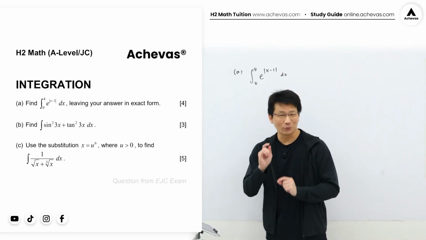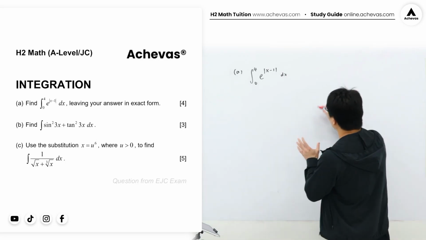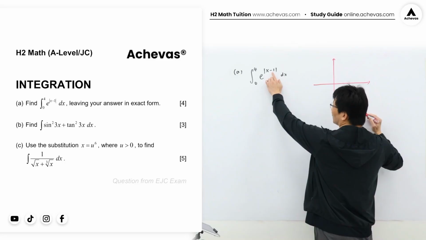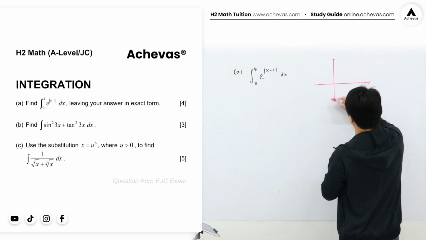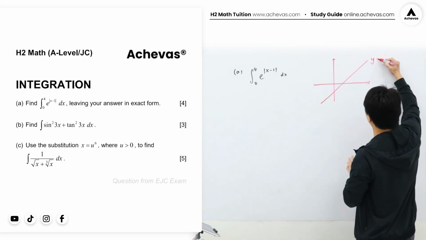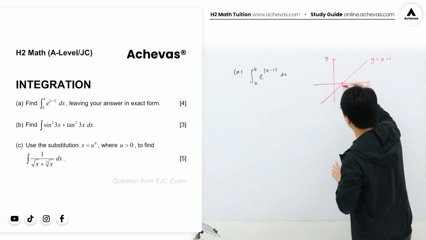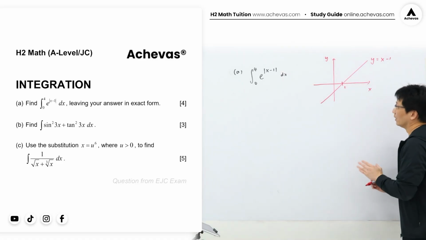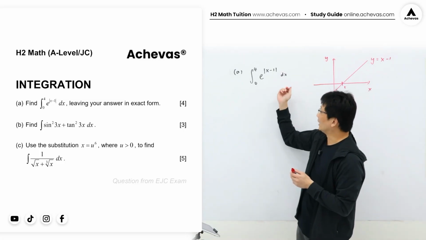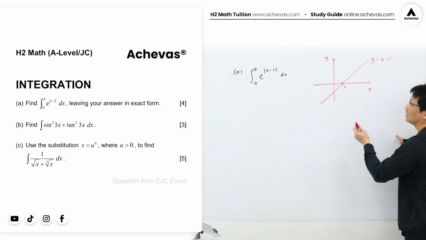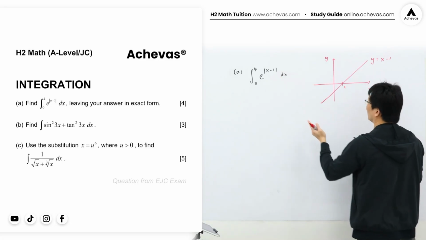A very quick way of doing that is to draw out the curve that is within the modulus. So for this case, we are just going to sketch the graph of y equals x minus 1. And this point here is equal to 1. If I see the graph below the x-axis, I will be taking the negative for the modulus.